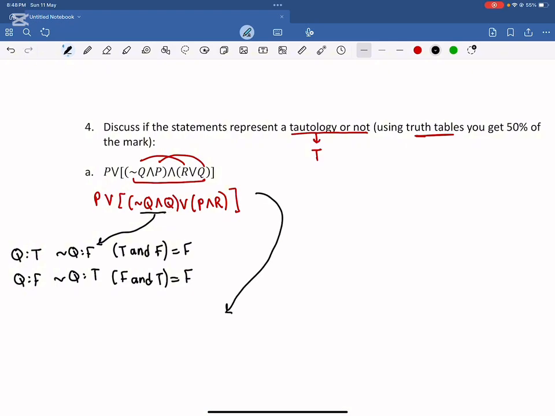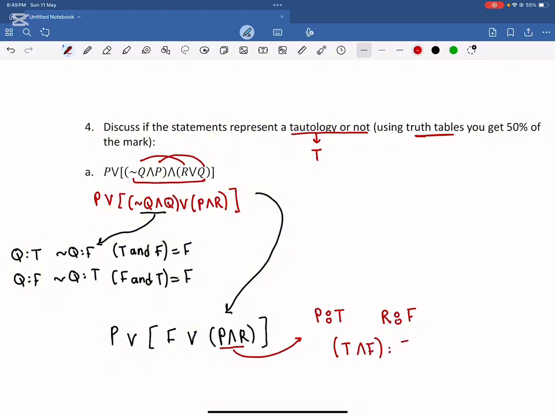I'll continue here. So P and I'll replace this with false, okay? Or P and R. If P was true and R was false, it will be true and false, which is false.